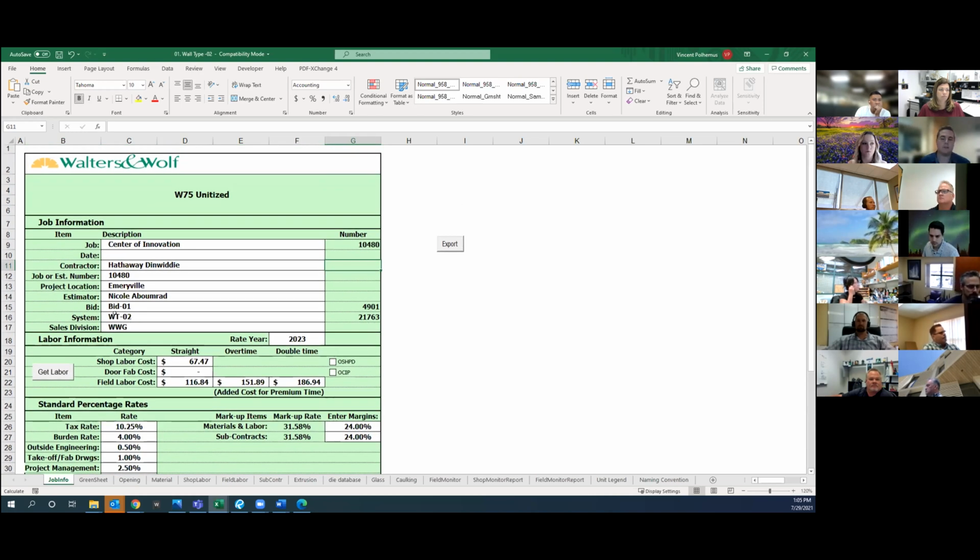We also have, like we talked about, every system on a job has its own estimate. So this is for a type of curtain wall on this job that was called wall type 2.